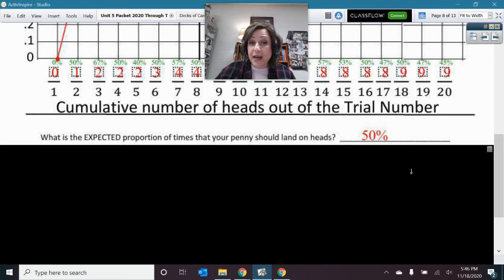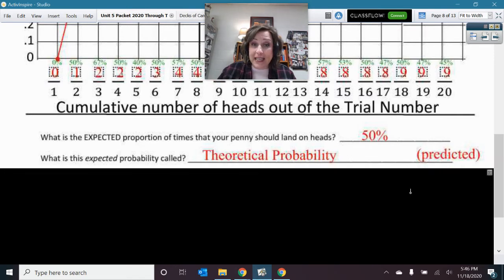About what percent of the time are we going to get heads? Well, of course, that's 50%. So that is theoretically what we expect to happen. That's the predicted. What's expected is what's predicted, and that's theoretically what happens. All those things are the same thing.